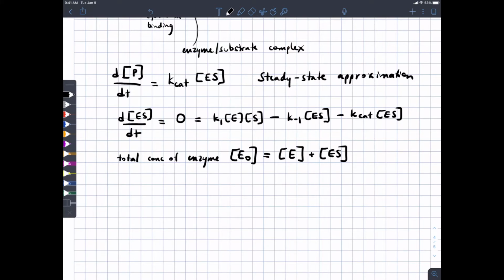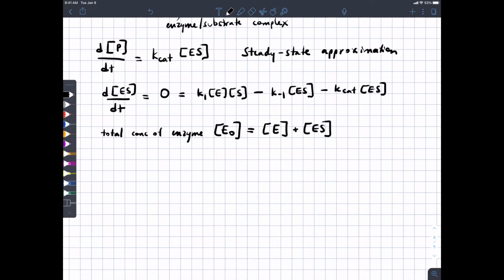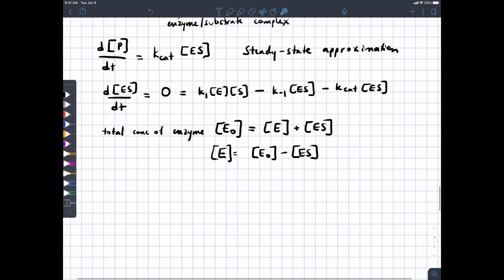Now, there's going to be just a little bit of algebra, which you are going to hate, and it's okay. Every time we see E, we're going to substitute in E0, the total enzyme concentration, minus ES. Because remember, we want to substitute ES and solve for this rate. We can't do that yet when we have E present.